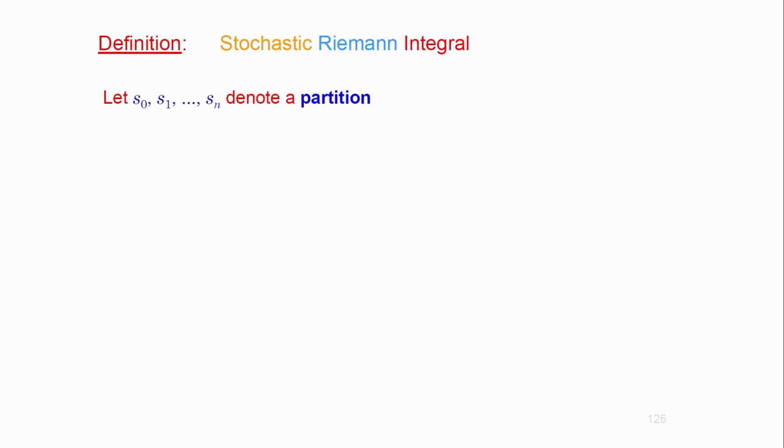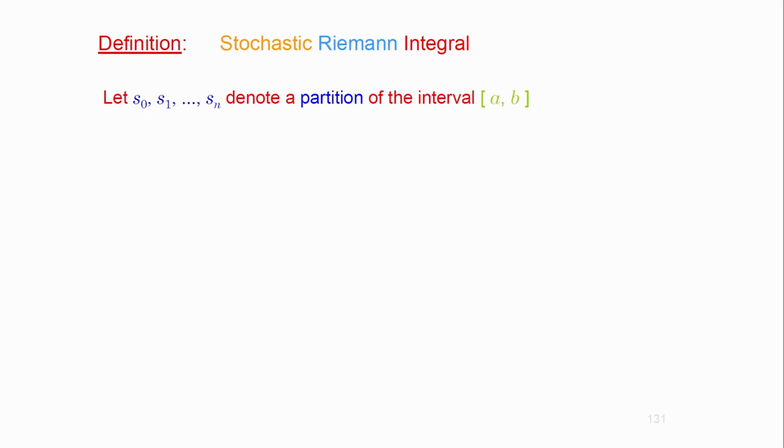So first off, I'm going to define stochastic Riemann integrals again. Since we had that definition already, I'm just basically going to repeat it. It always starts with a partition of an interval, and the interval in this case is going to be from a to b. In a more specific case, the interval from 0 to t, without loss of generality.